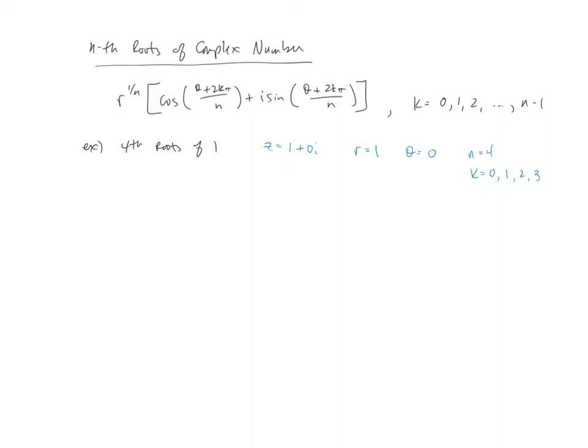So for k equals 0, we have 1 to the 1/4 times cosine of 0 plus 2 times 0 times pi over the n value of 4. So I'll write the same thing down for the sine.